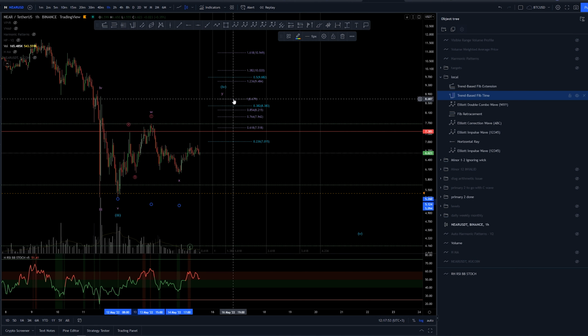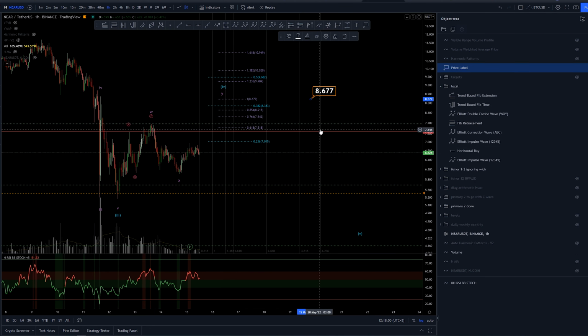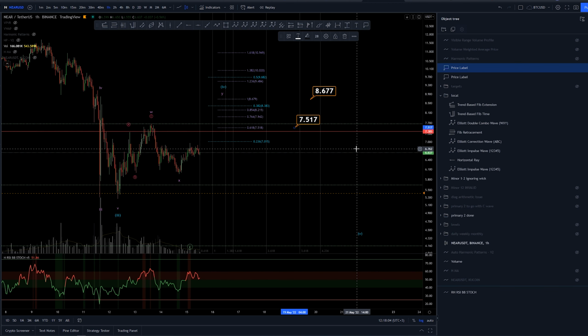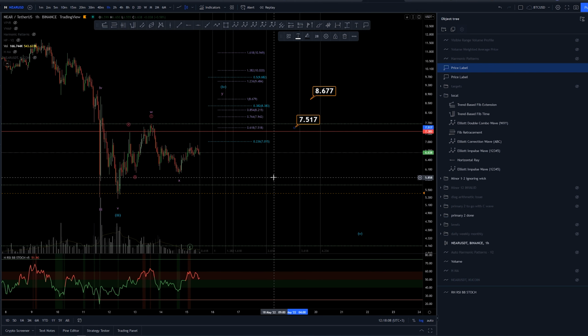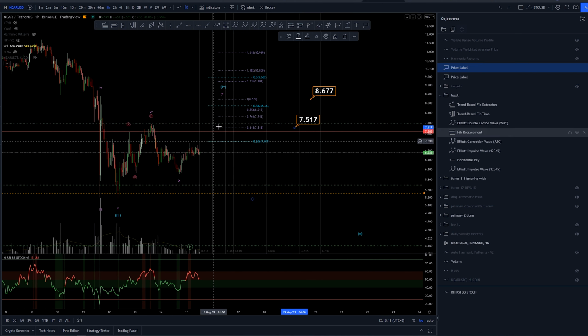Targets for the wave Y here is again around here, 1-to-1 extension at around $8.67. The minimum target I would be looking for is $7.51 if this is again the X wave here.